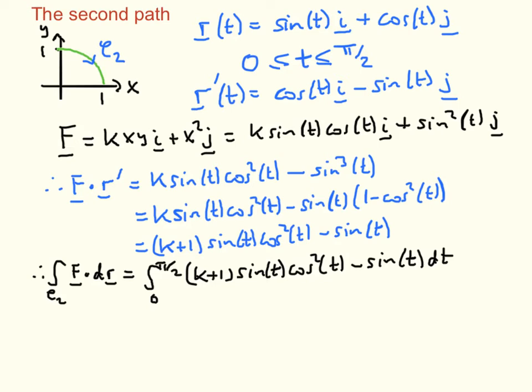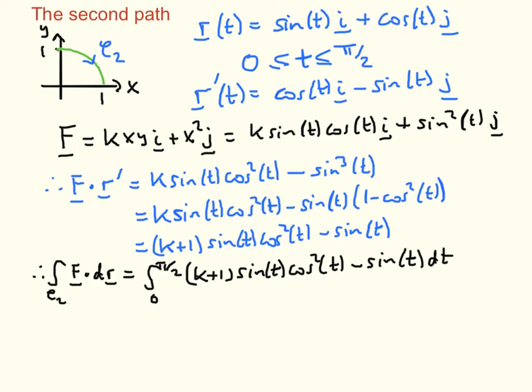So this term here, kappa plus 1, is just a constant multiplying it, and if you say that you had cos cubed, if you differentiate cos cubed, you bring a 3 down, reduce the power by 1 to cos squared, and then multiply, following the chain rule, by the derivative of cosine, which gives us minus sine. So we would get minus 3 times sine of t cos squared t.